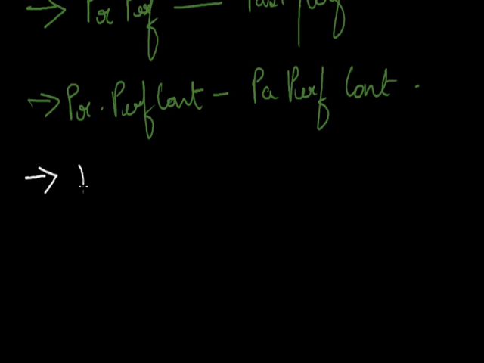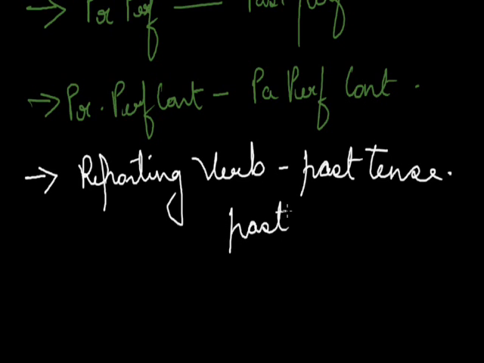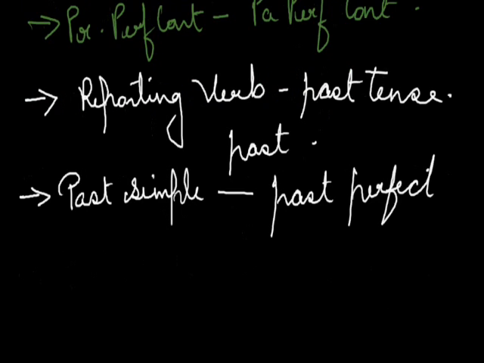Now, if the reporting verb is in past tense again, and the sentence is in past, then how does it get changed? First, if the sentence is in simple past, it will get changed into past perfect.